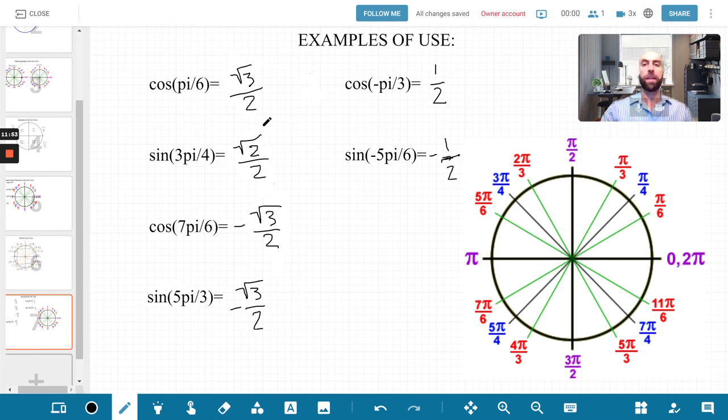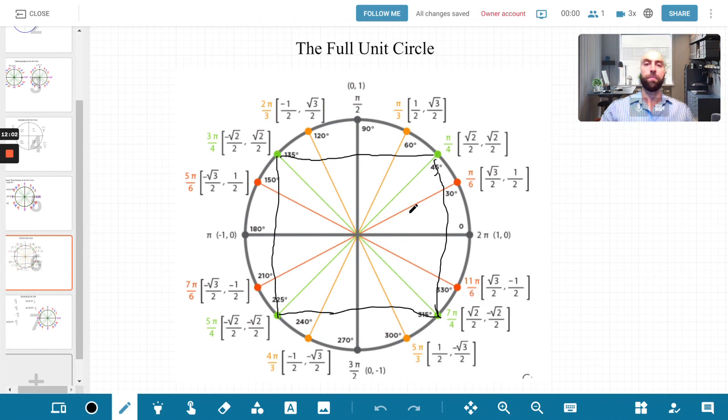As you can see, I didn't do any math to solve for these values. That's because it's very important to memorize these values from the previous chart. But as I said, there's only 5 different values and different sign changes for each of them depending on the quadrant, and each point has a corresponding point to it.